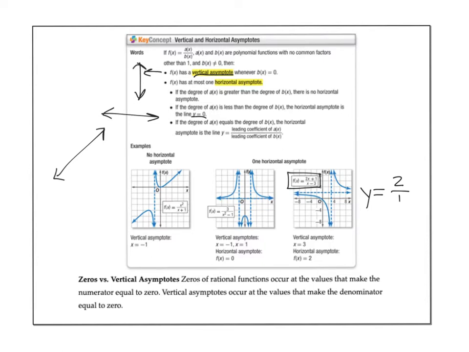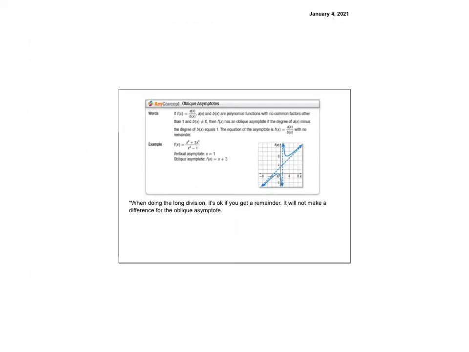We really don't need that 1 in the denominator. So that means our horizontal asymptote is at y equals 2, which is indicated here by this line. These horizontal and vertical asymptotes are marks that you're going to make in your graph that our graphs themselves are never going to touch, but they're just going to approach. They're going to come very close to it.